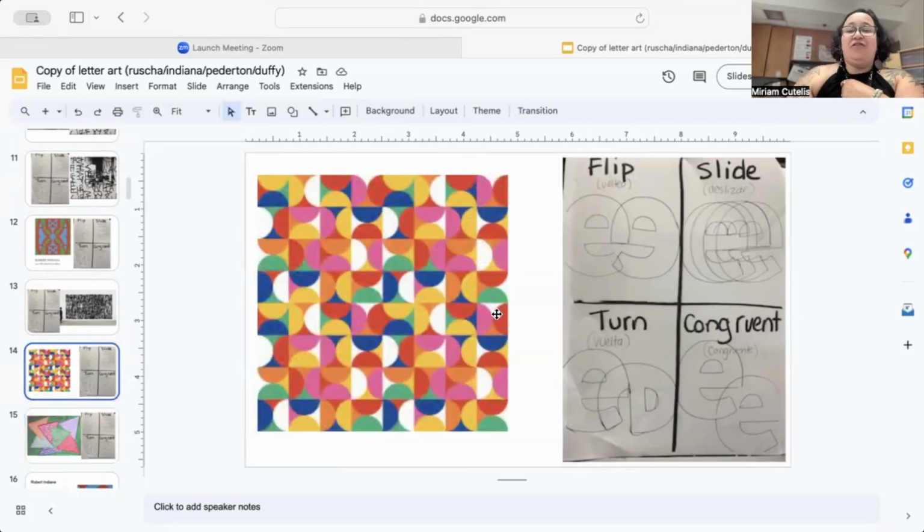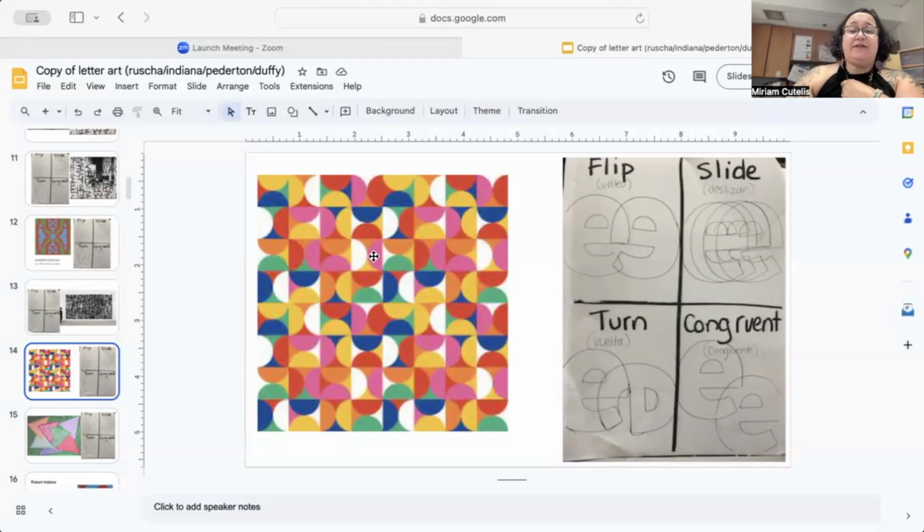This one, the artist used all of these concepts because if you look, there are semicircles that are flipped, of the same color. Some are facing left and some are facing right. For example, let's look at the pink right here. This one, the bumpy part is on the right side. And here the pink bumpy part is on the left side. So he used flip. Slide is over here, like the red shape with the bump on the right.